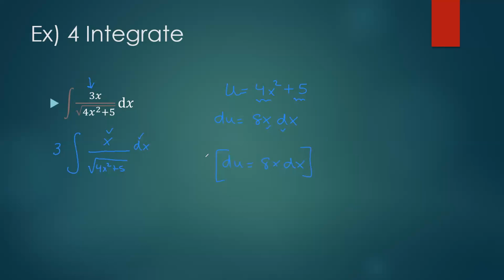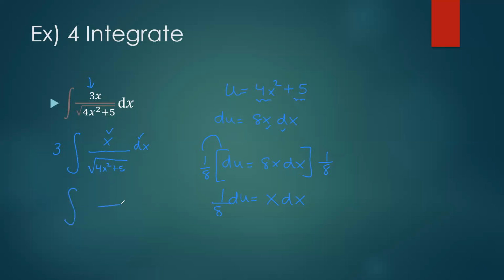What is the reciprocal of 8? 1 over 8. So on the left, 1/8 times du is 1/8 du. And then on the right, 8 times 1/8 is just x dx. Perfect. So now it looks good.